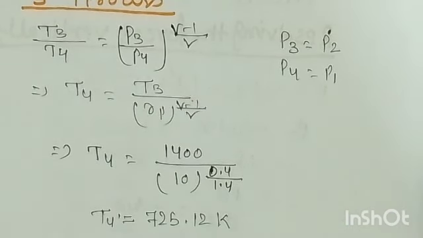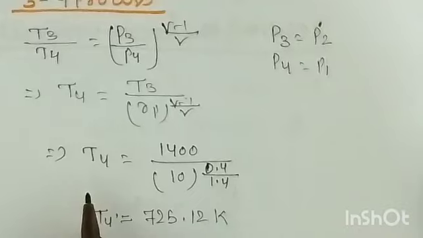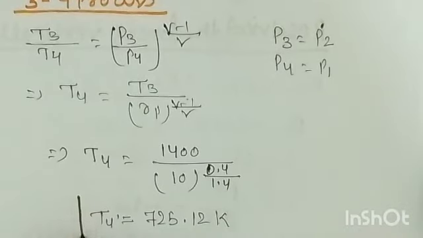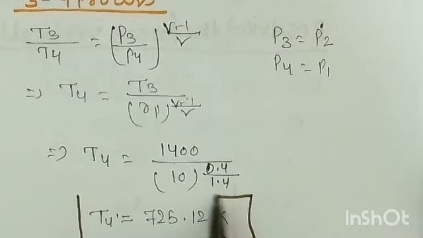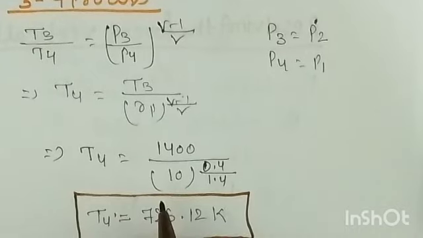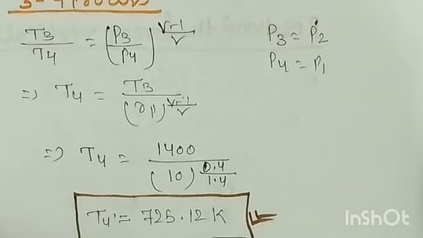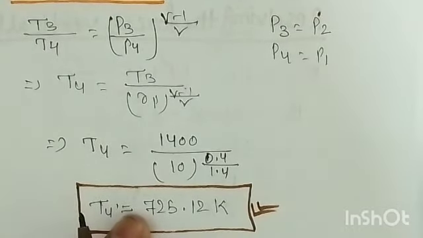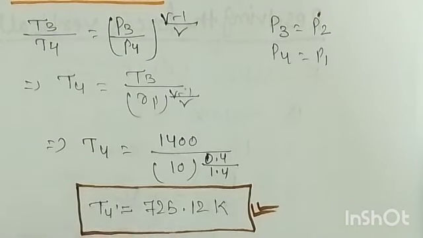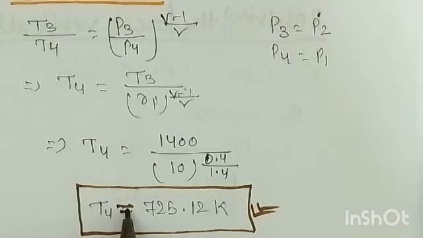As I told you, whatever calculation I am doing here, you need to re-verify, as there may be a human error. Sorry, this is not T4 dash, this is T4.